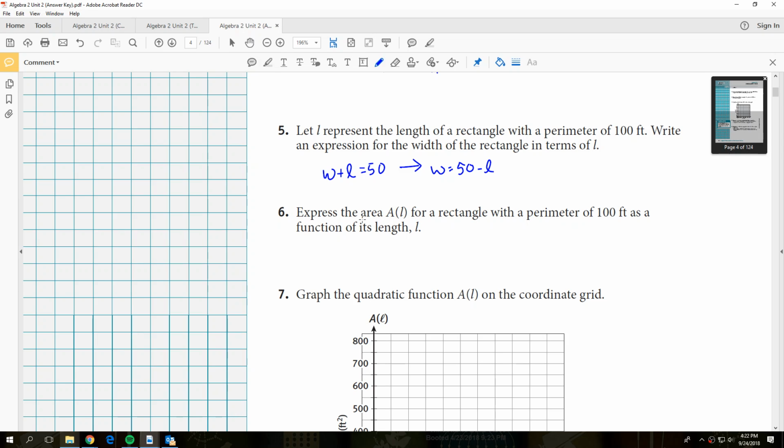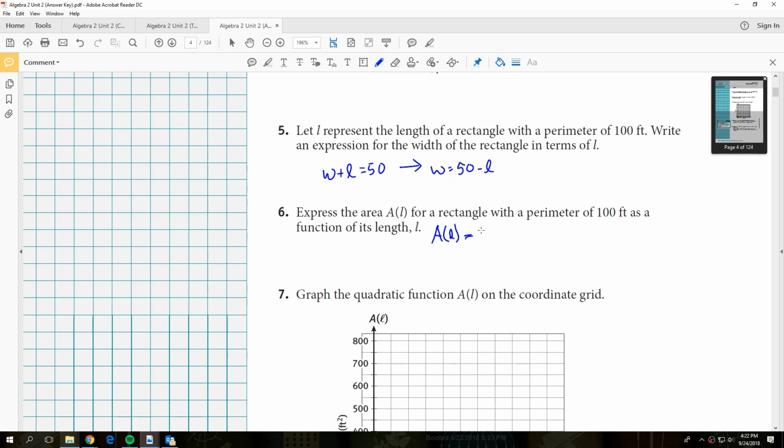So number 6, express the area A of L for a rectangle with perimeter 100 feet as a function of its length L. Well, how do we figure out the area of this thing? We simply take the width times the length. But what is the width?